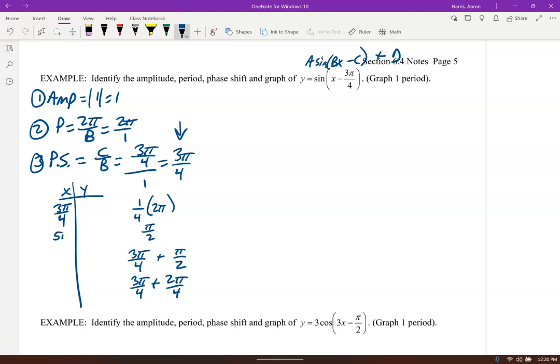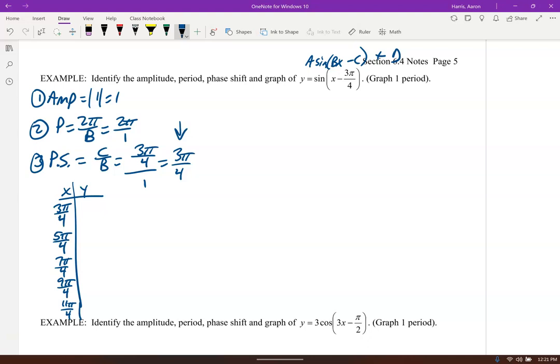So the next point is 5 pi fourths. Then we'll go up another pi halves from that: 5 pi fourths plus 2 pi fourths is 7 pi fourths. Then up another pi halves from there, 9 pi fourths. And our last one would be 11 pi fourths. Those are the points that you want to plot. Those are our key points, really nice points on our graph.